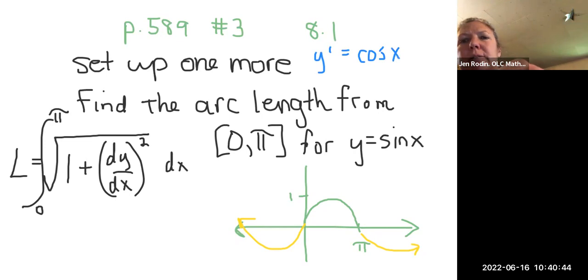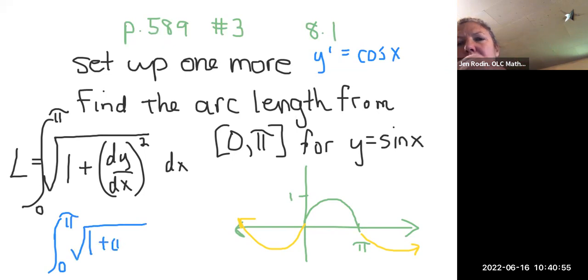So we're going to have the integral from 0 to pi of the square root of 1 plus cosine squared x dx.